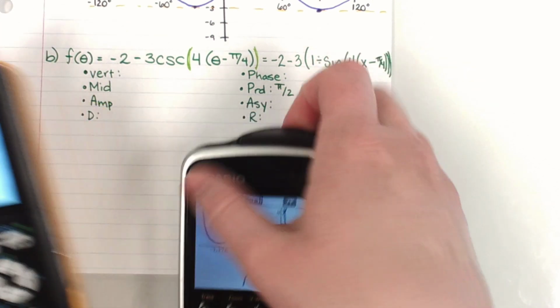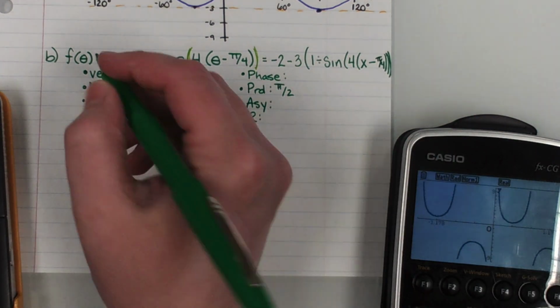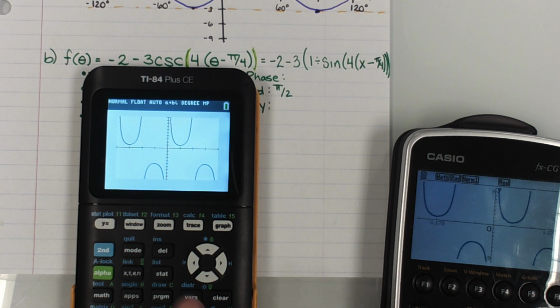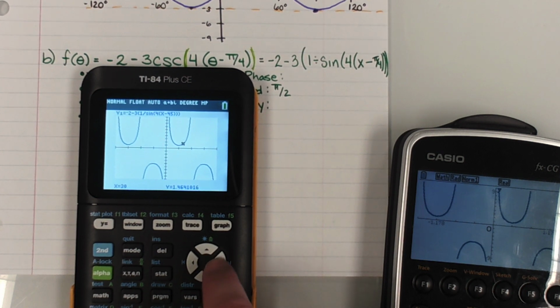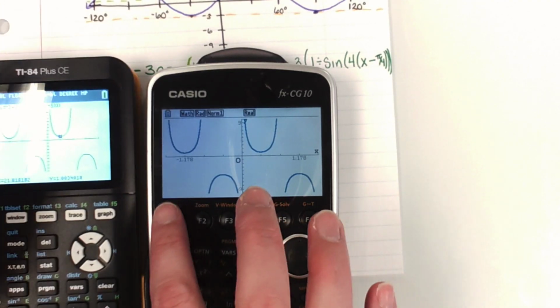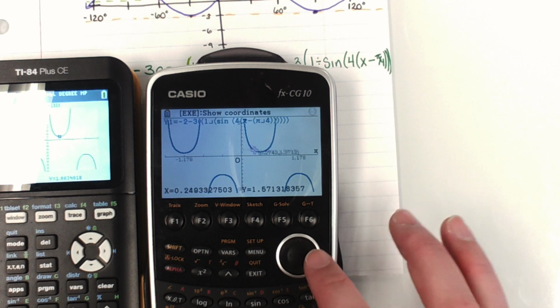Other things I need. Midline. Y'all know that there's a trace button? Click trace. You can now move along your graph and see where things are. In fact, with your trace button hit, which both calculators have, the left and right arrows will move it left and right.